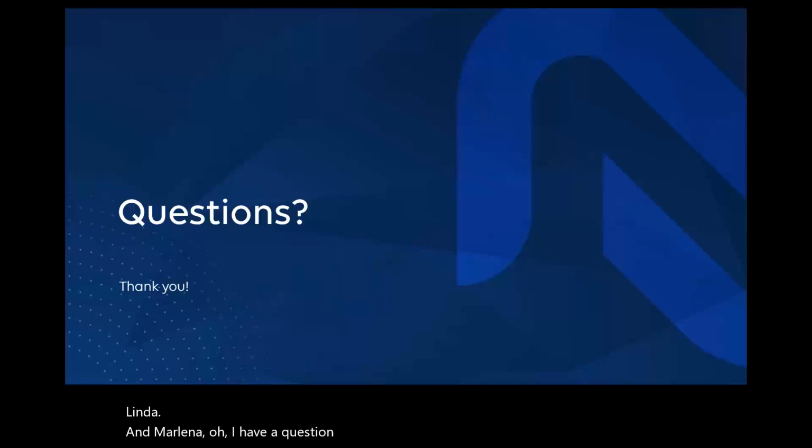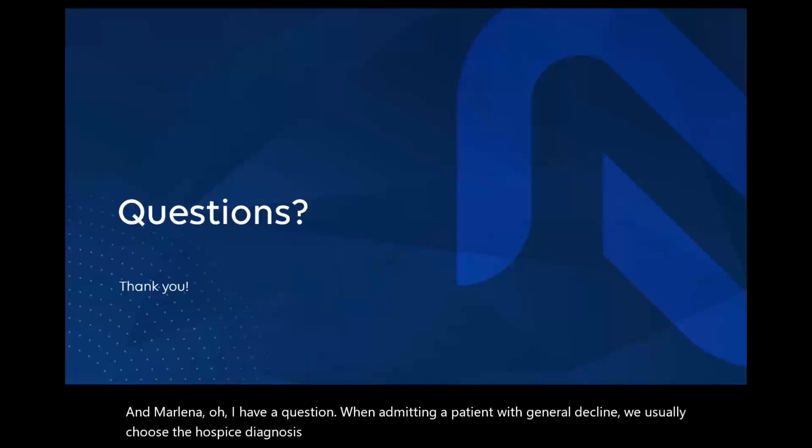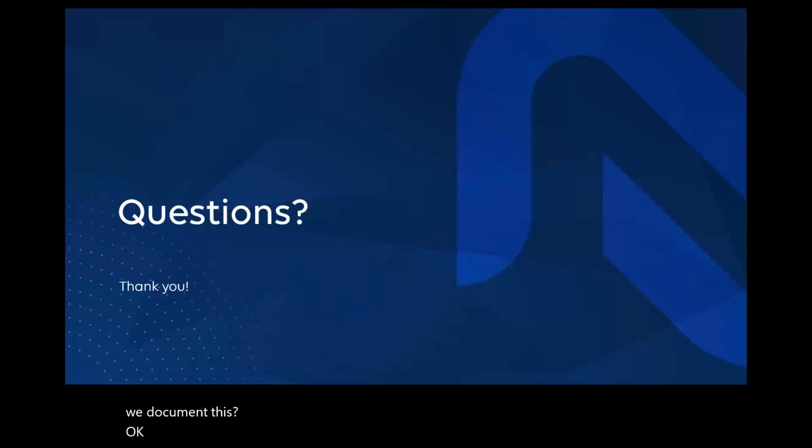When admitting a patient with general decline, we usually choose the hospice diagnosis that may be causing the biggest decline. How do you suggest we document this? Okay, who's choosing the hospice diagnosis? That should be coming from the referring medical director.